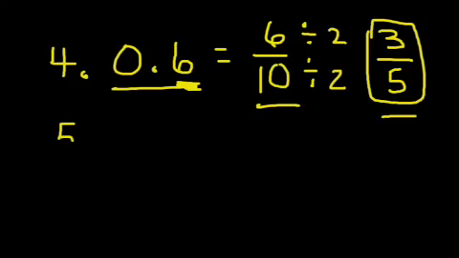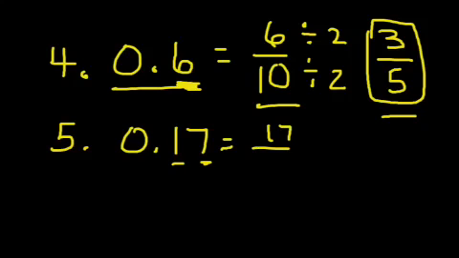Number 5 is 17 hundredths. Notice it goes out 2 places. So in this case, we're going to put the 17 on top of 100 because it's 17 hundredths. Notice there are 2 places, so I put it over 100 that has 2 zeros. Can I simplify this? Is there anything I can divide these both by?